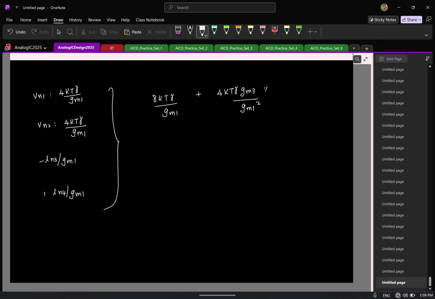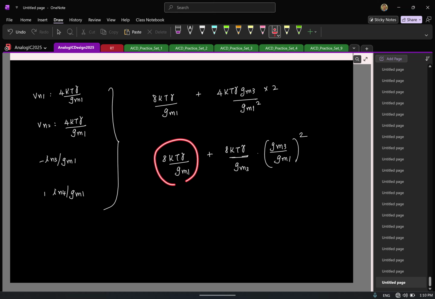So if I were to write it for the sake of completeness, it will look like this: 8 kT gamma by GM1 plus 8 kT gamma by GM1, or I'll say by GM3 into GM3 by GM1 whole square. Both are same.